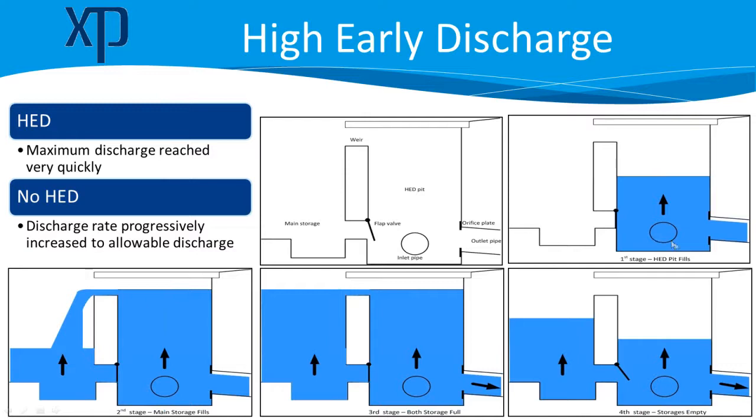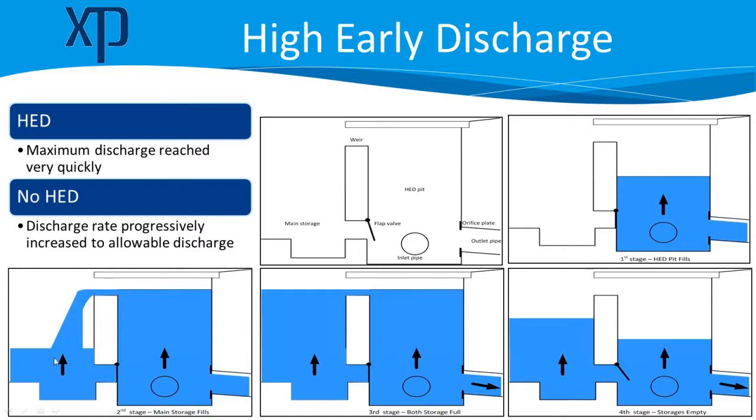So the first stage is that the discharge chamber fills, and then once that discharge chamber is full, we obviously have quite a large increase in the head of water that's acting on the outlet, so we can get more flow going through our outlet faster than if we didn't have the high early discharge chamber.